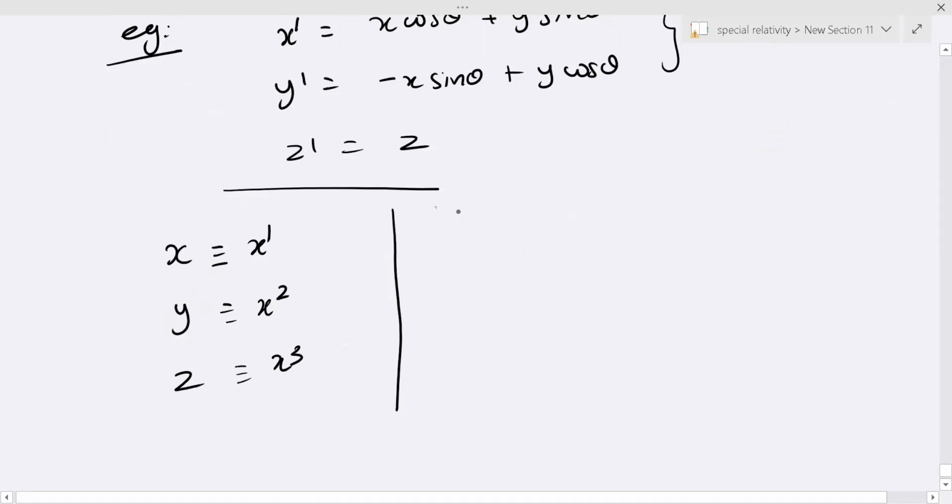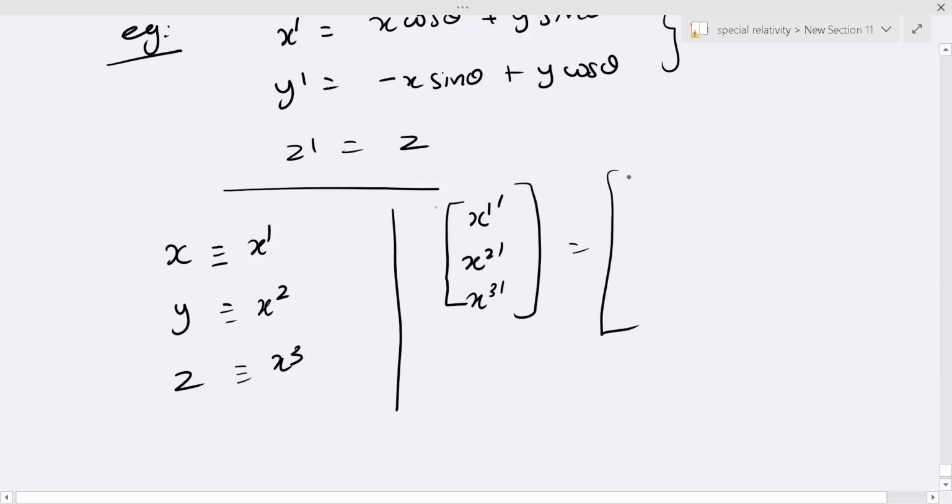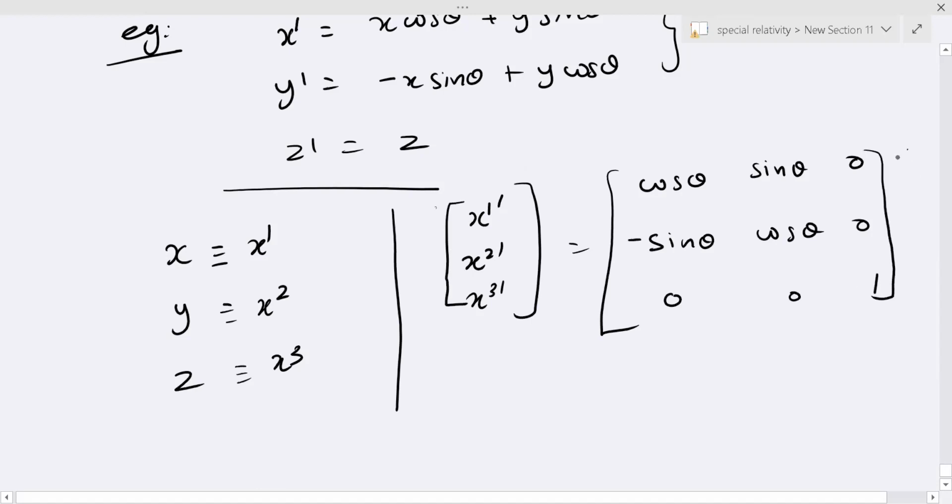Now we can write the three numbers as a column matrix: x1 prime, x2 prime, x3 prime is equal to the matrix with rows cos theta, sin theta, 0; minus sin theta, cos theta, 0; 0, 0, 1, multiplying the column x1, x2, x3. So we have written it as a matrix. That's all.